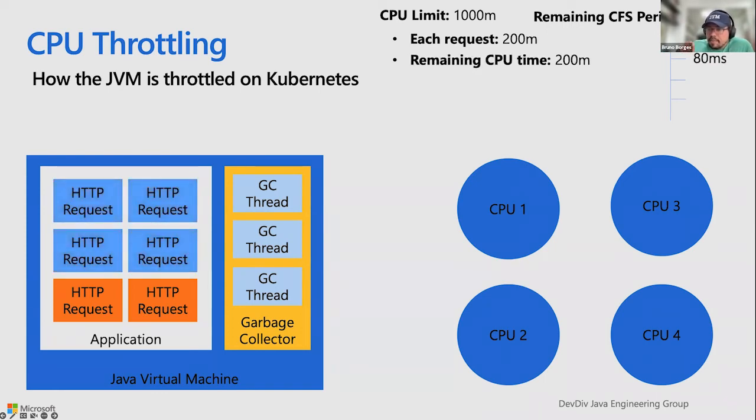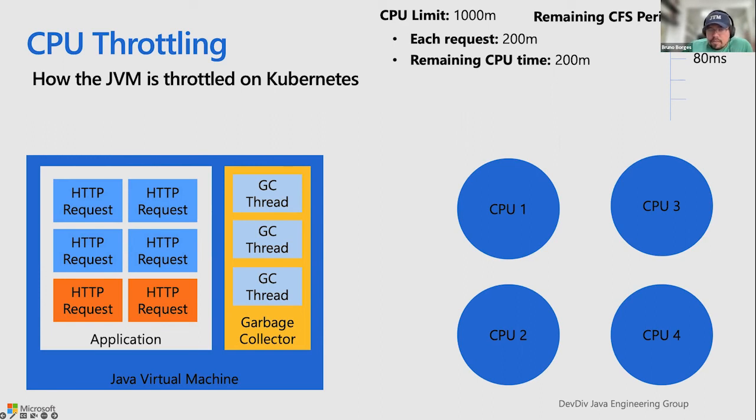Now, my application, my container, only has 200 millicores left to do work. But all of that happened in 20 milliseconds. The next CPU cycle is still 80 milliseconds in the future. Now, this is a Java application.